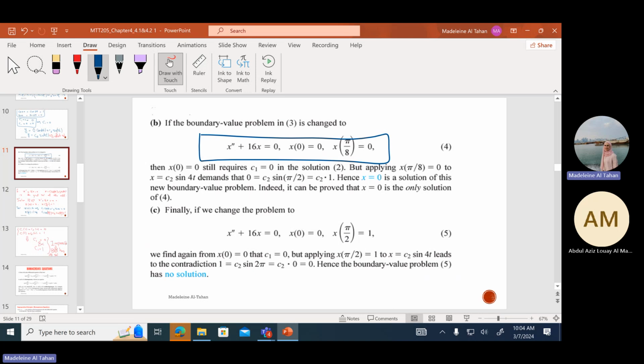Whereas if this was an initial value problem, how many solutions would it have?